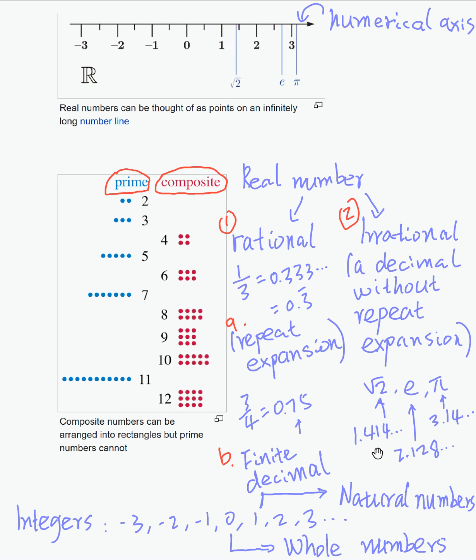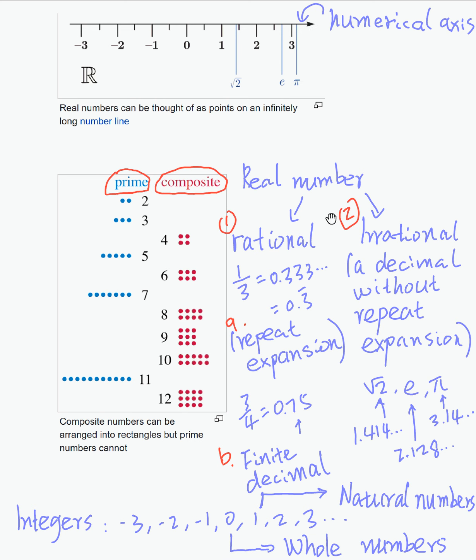Radical 2 is approximately 1.414. Those numbers without repeating expansion are called irrational. So not only do we have rational numbers on the real number line, we also have irrational numbers. Rational and irrational together fill up the whole real number line with no gap.